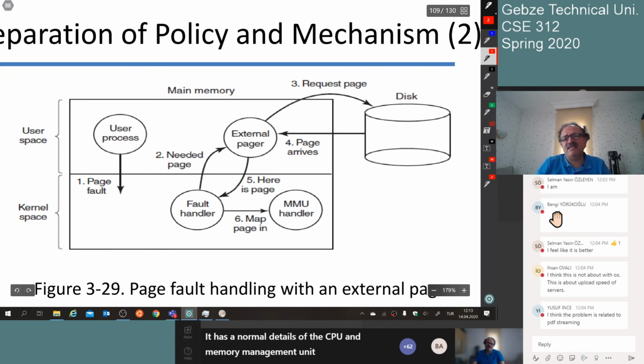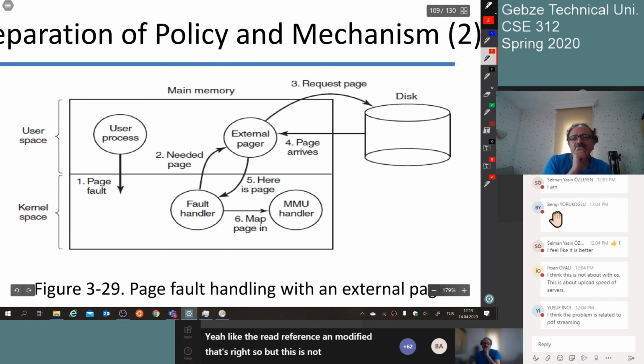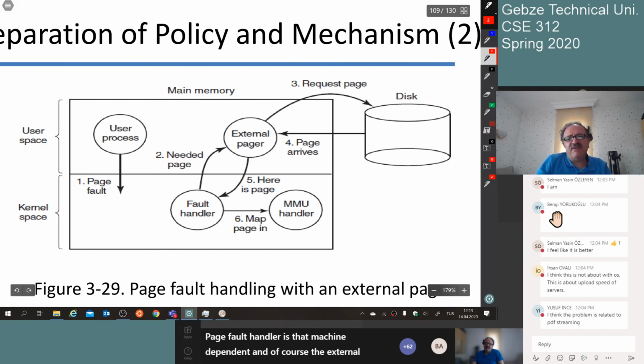The page fault handler is not machine dependent, but it needs special access to the page tables, like the reference and modified bits. And of course the external pager doesn't have any special privileges. It is not machine dependent.